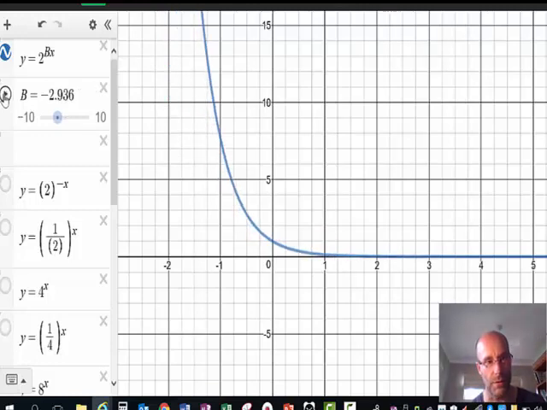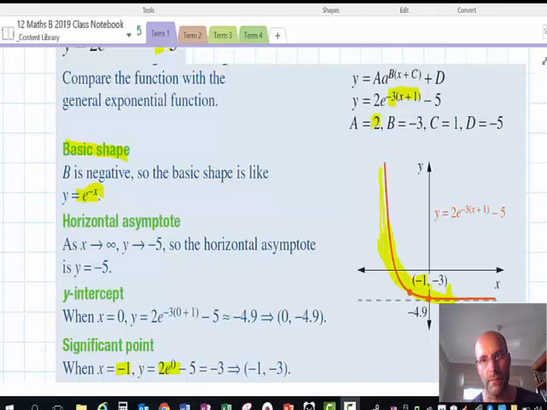So the compressing horizontally actually makes it look like it goes up steeper more quickly. We're compressing the horizontal, which makes it appear that it's getting vertically pulled up, but that's not true. It's just the fact that everything's happening quicker along the x-axis.